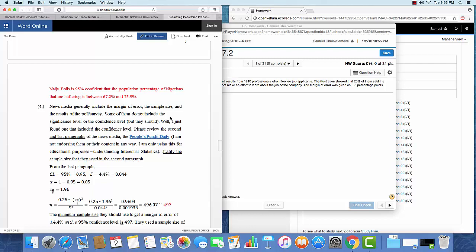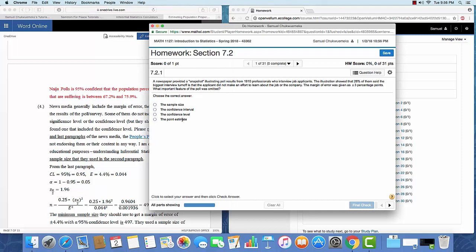So if you're working in any news media, or you're doing research, or you're taking surveys or polls, just make sure that when you report the results of your survey, you state the level of confidence that you used. It's very important. So that's the confidence level that they omitted.